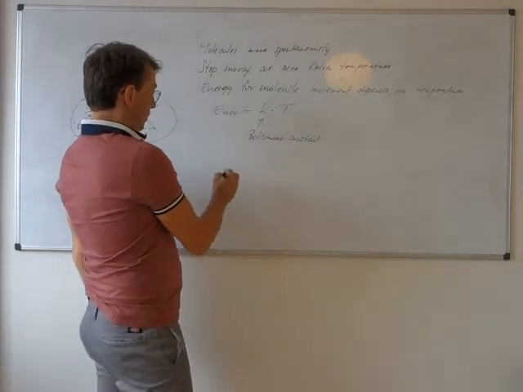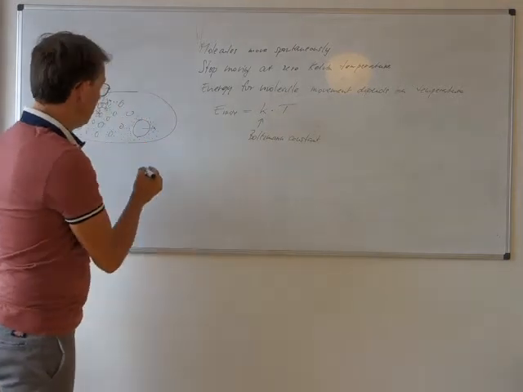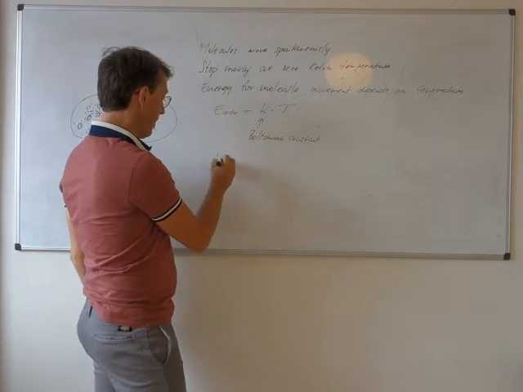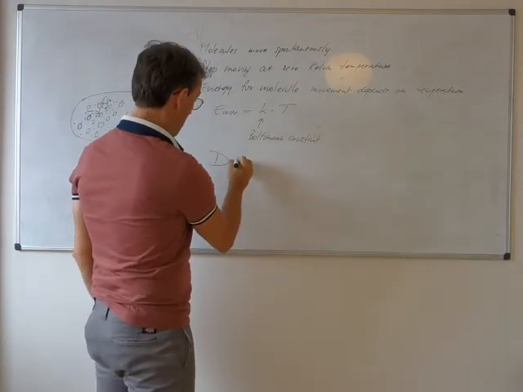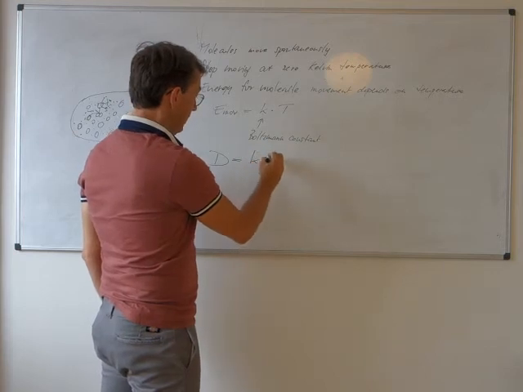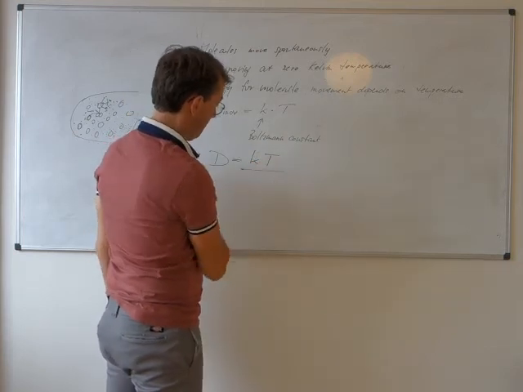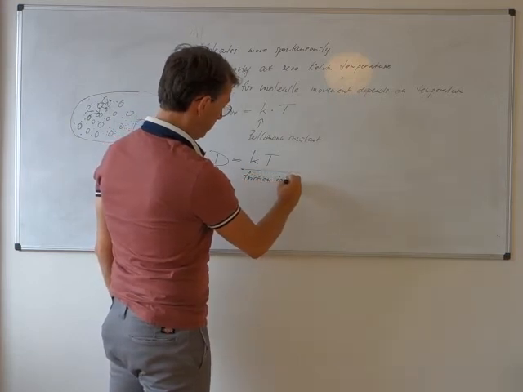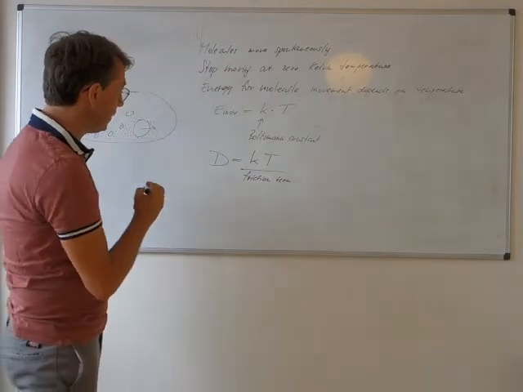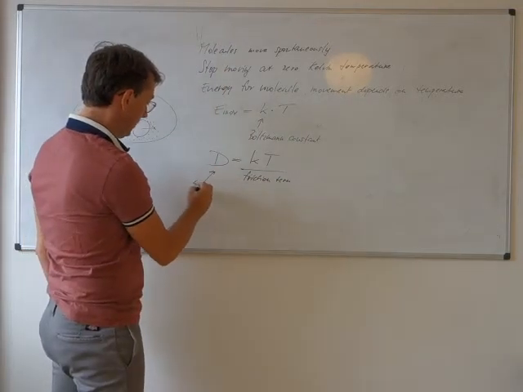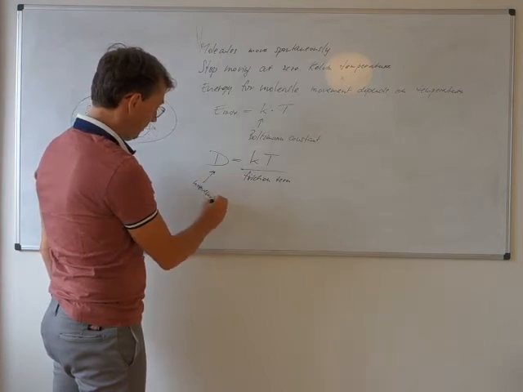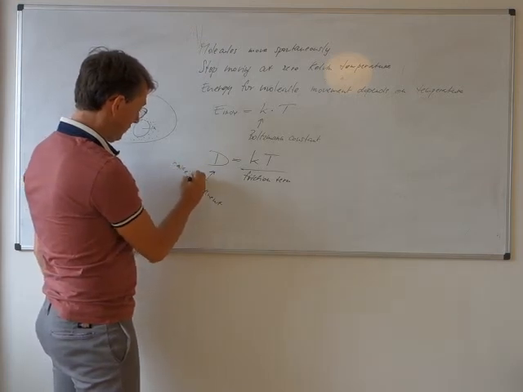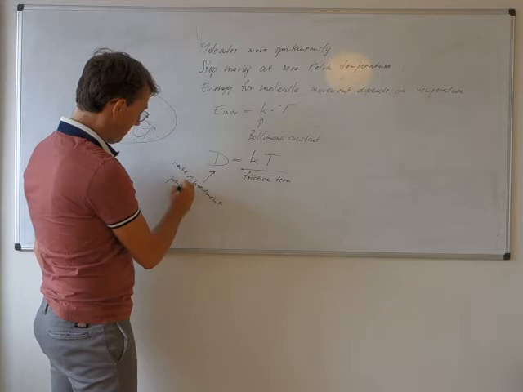So if you would characterize this random motion by a constant, let's call it d for now, then there is the kinetic energy, so the moving energy, and there is some sort of friction term that gives you a movement rate, let's call it the rate of movement parameter.